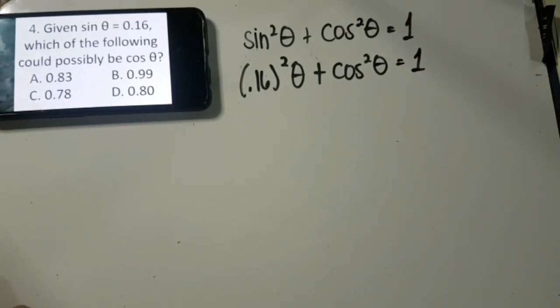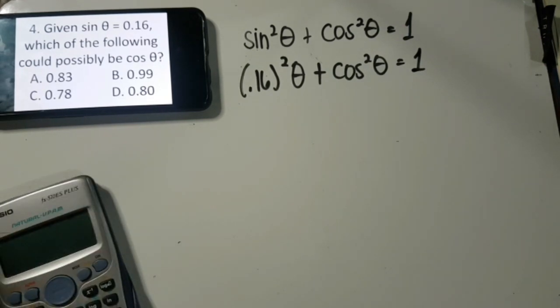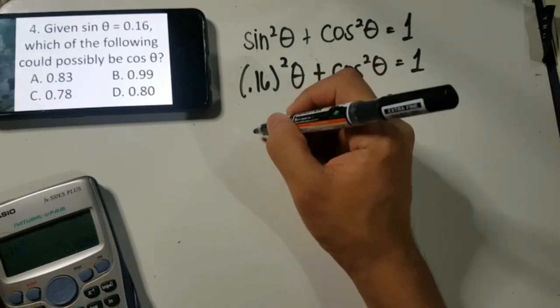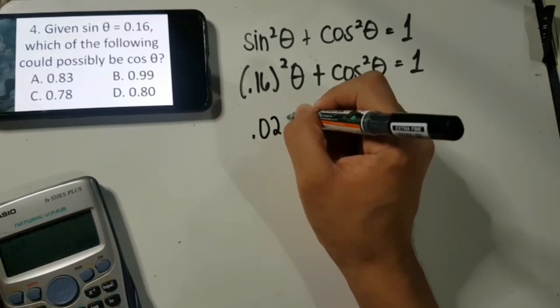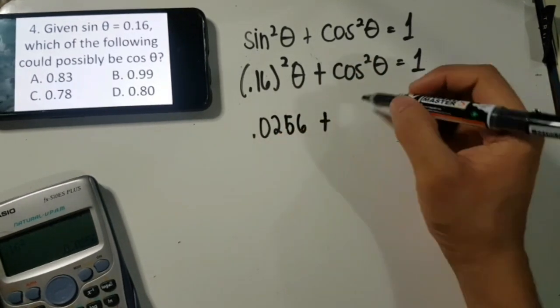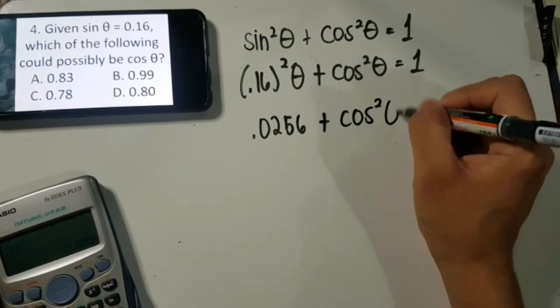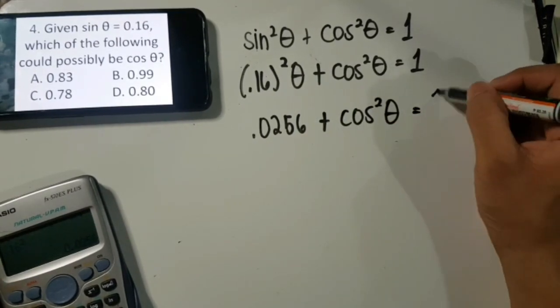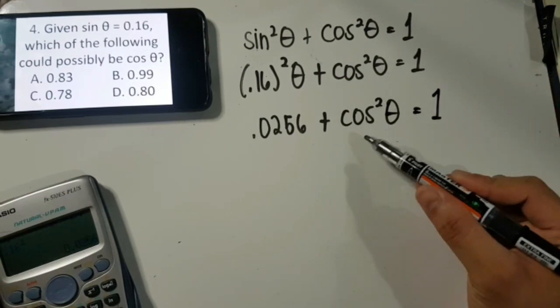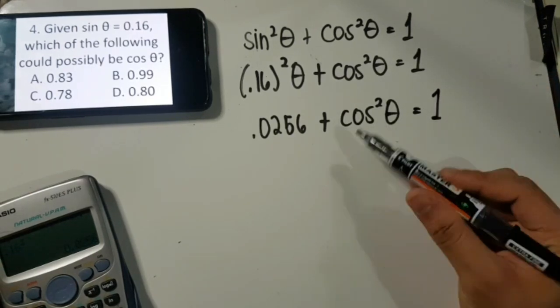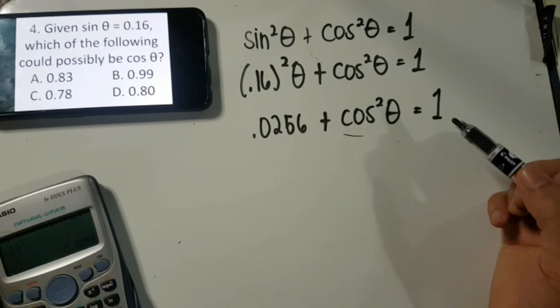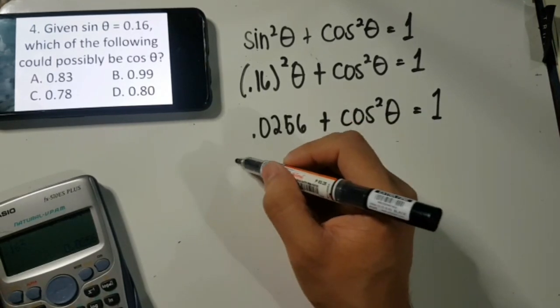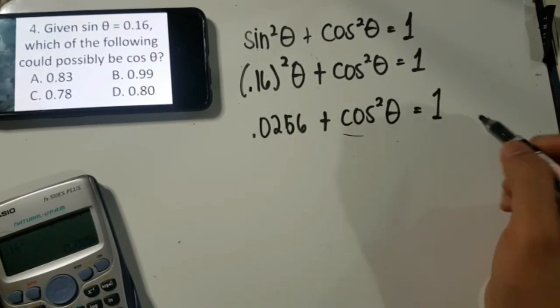So, 0.16 squared is 0.0256 plus cosine squared theta is equal to 1. So to get the value of cosine theta, we have to isolate this on the other side. So we can subtract 0.0256 both sides.